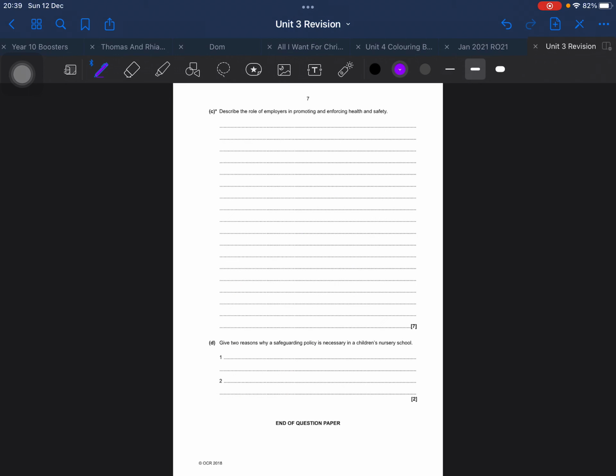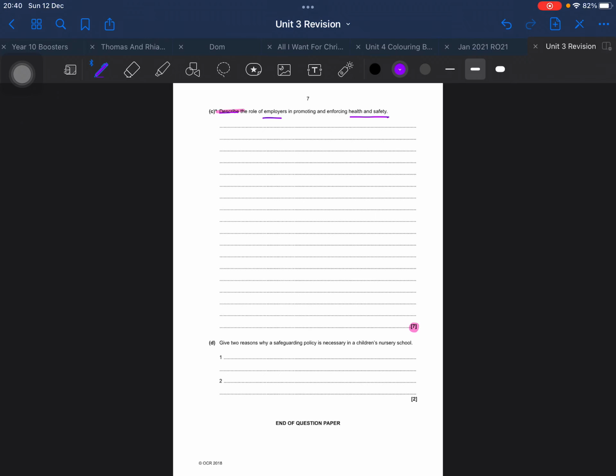Okay, and we're on the last page. So, question C, another long one, but it's our last long one, so we can cheer then. 7 marks. Describe the role of employers in promoting and enforcing health and safety. So command word here is describe. We've got to refer to the employers.